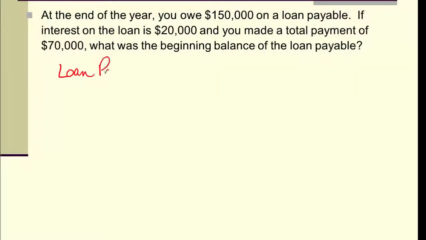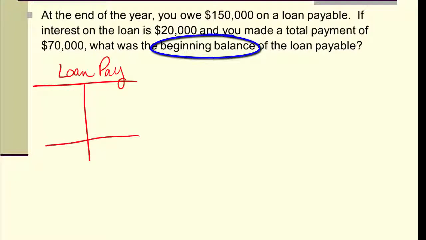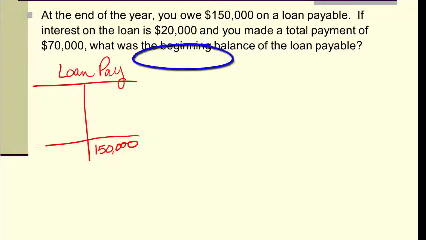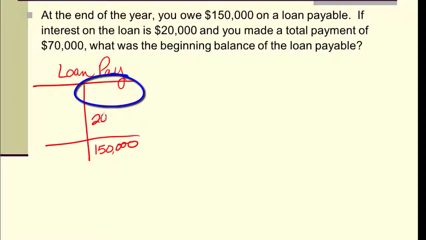Loan payable. Let's see. We don't know this number yet. We know that we end up at $150,000. Loan payable is a liability, so that's a credit. We added the interest, and we would take out the payment. So that's what we're looking for.